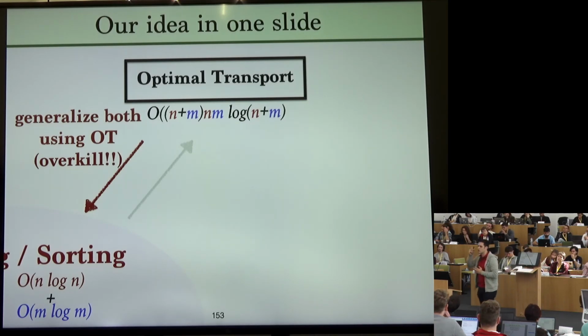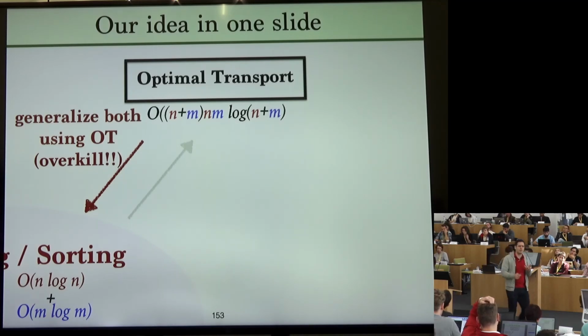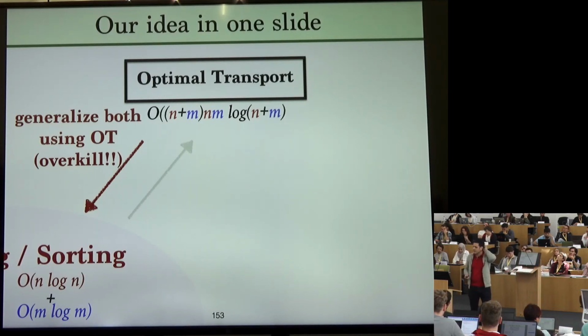I'm going to somewhat recover your sorting information by solving an optimal transport problem, no matter what the cost is. And then I'm going to show you that because I'm more clever than sorting, I can somewhat generalize it. I can do some things that sorting cannot do, which are useless, but still, I can show that I have more theory and everything.